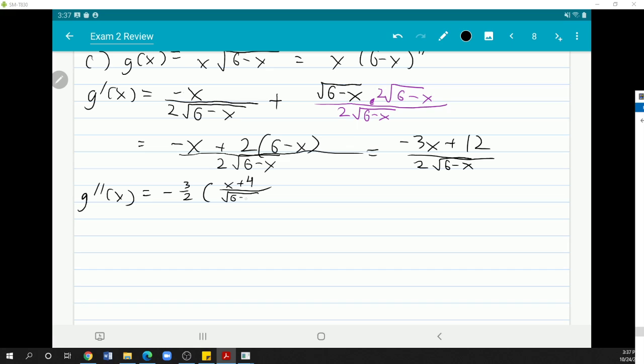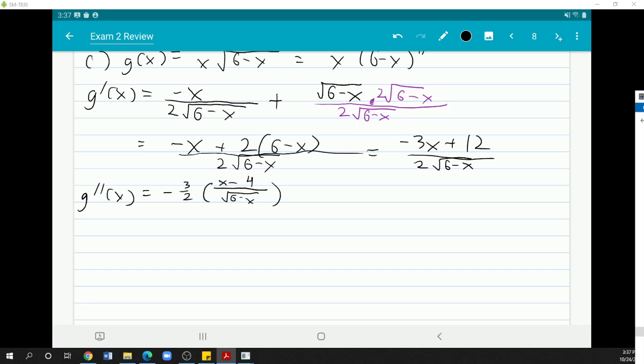So I divided the top by 3, as well as took the minus, which actually makes this an x minus 4 instead of a plus. So x minus 4 over root 6 minus x. I took the 2 from the bottom of that. And now we're left with this function.